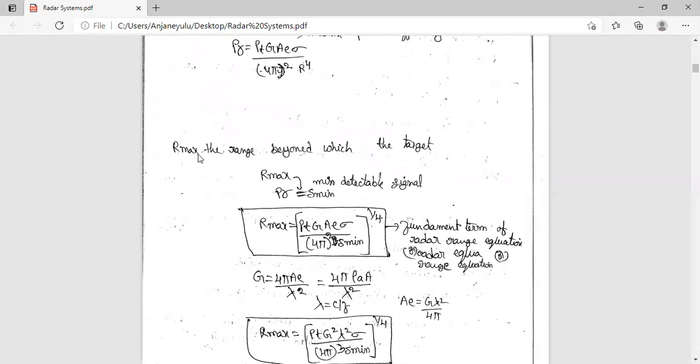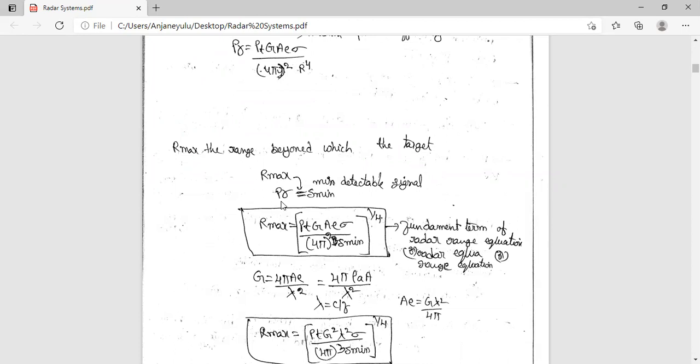At which distance the minimum power is received by the receiving antenna, that distance is called the maximum distance between the radar system and the target.